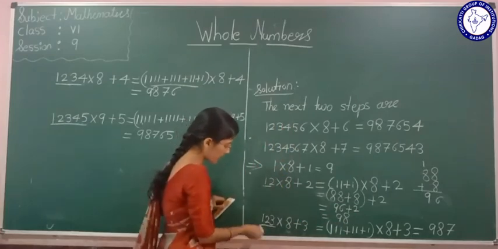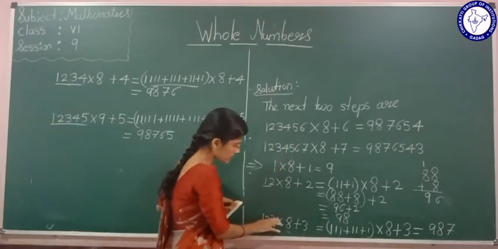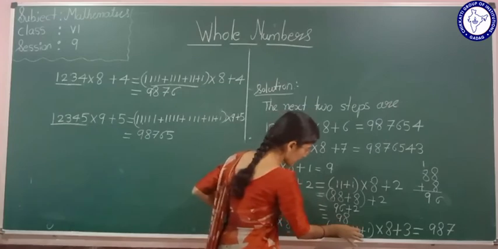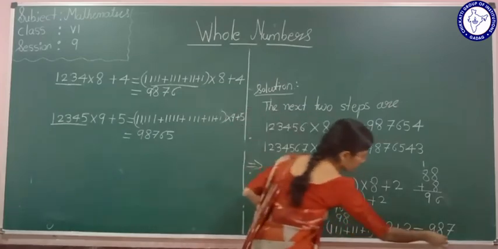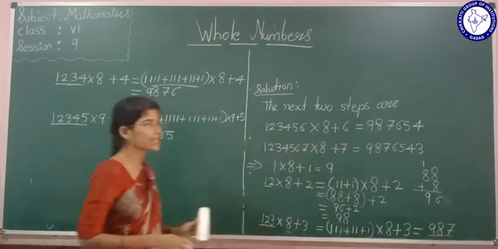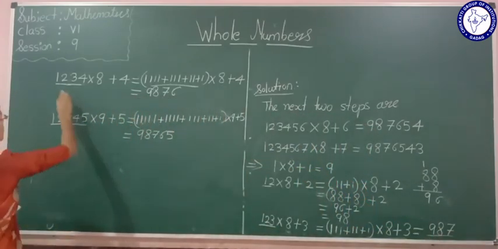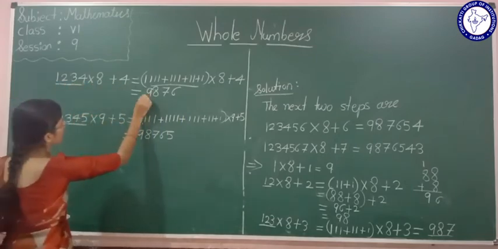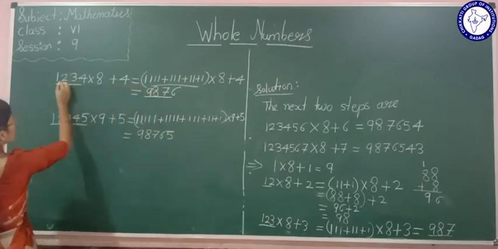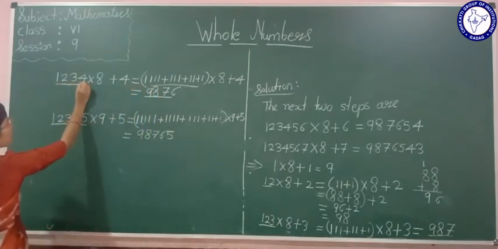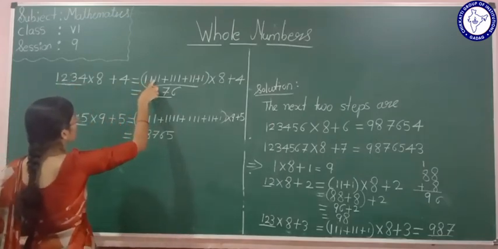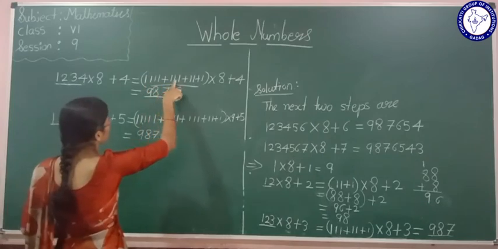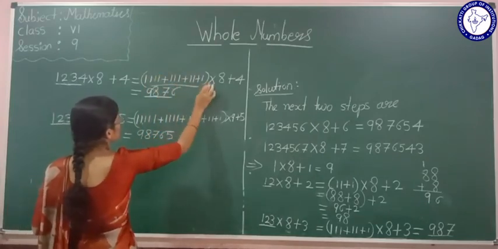In a similar way, 123 can be written as 111 plus 11 plus 1, multiplied by 8 plus 3. If you simplify, you are going to get the answer 987. Again, 1234 multiplied by 8 plus 4. How does this answer come? This 1234 can be written as 1111 plus 111 plus 11 plus 1, multiplied by 8 plus 4.